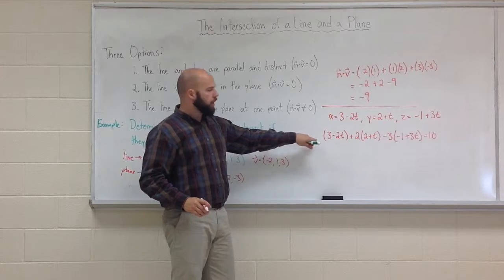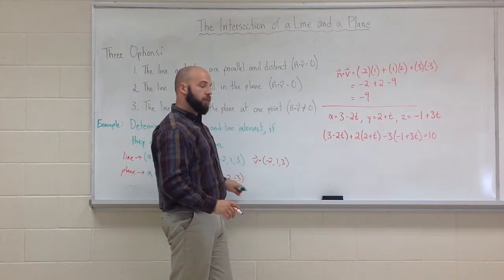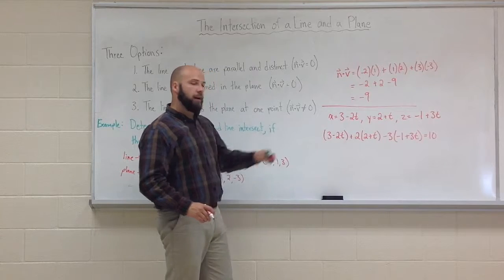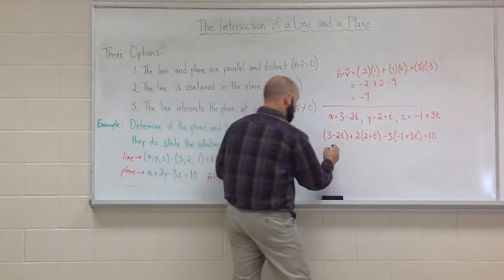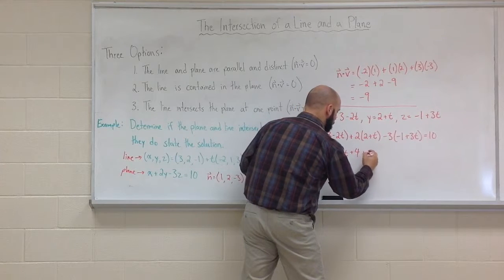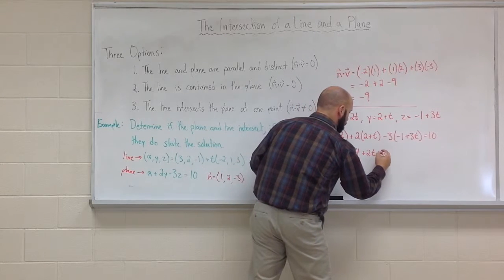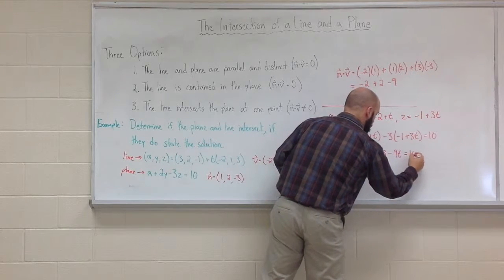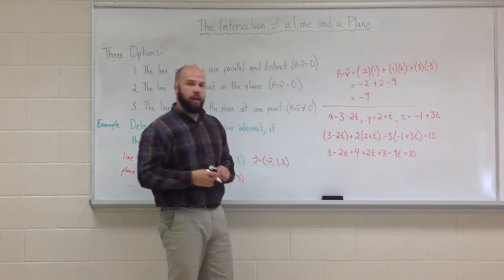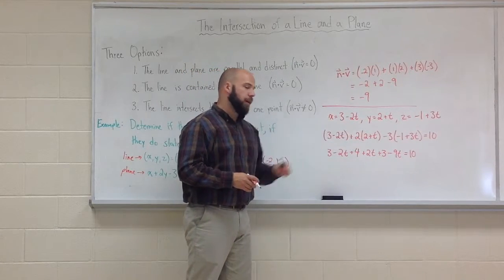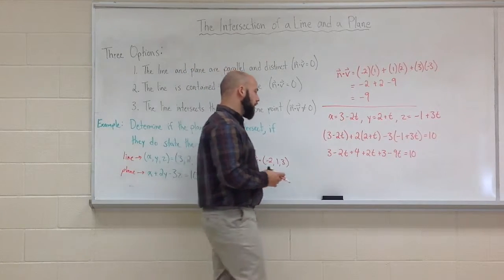What I just did is plug the parametric equations in for x, y, and z in our scalar plane equation. I'm now going to expand across the brackets. Now I'll collect like terms, keeping t on this side and bringing all the constants over to the other.